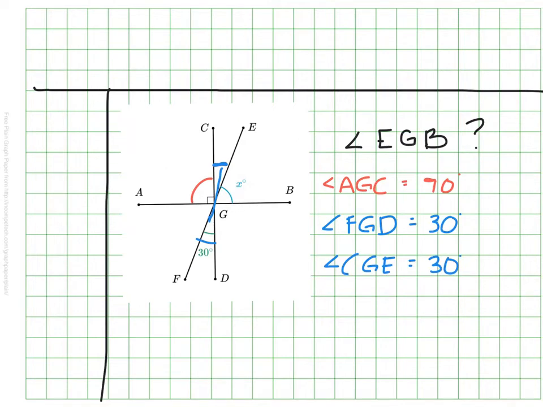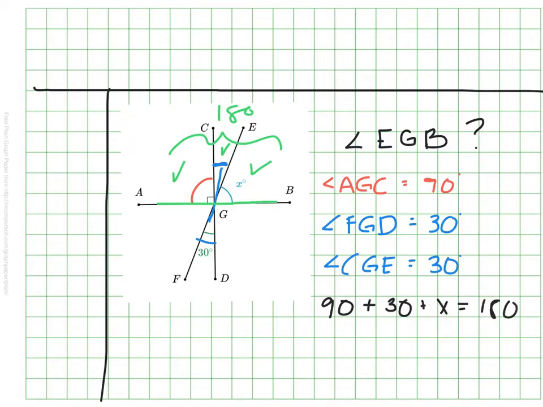It's helpful because now if I look at this, here's my straight line from A through G to B. I know that that is a 180 degree straight line. And so this section plus this section plus this section has to be a total of 180 degrees. Since we know AGC is 90, and now we know CGE is 30, our missing value would add with that to make 180 degrees.